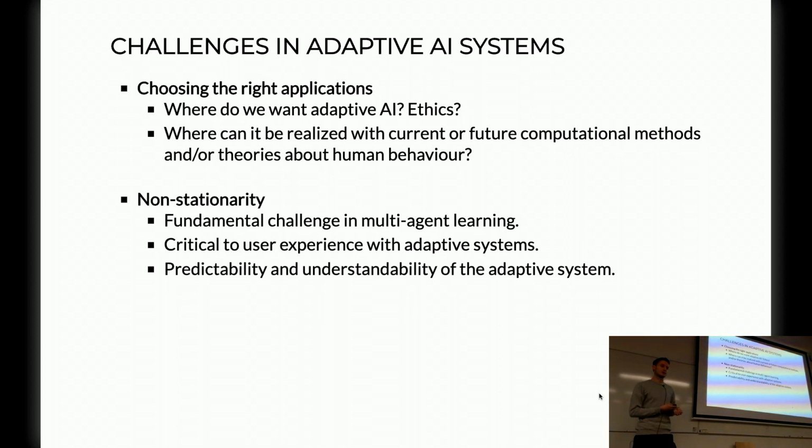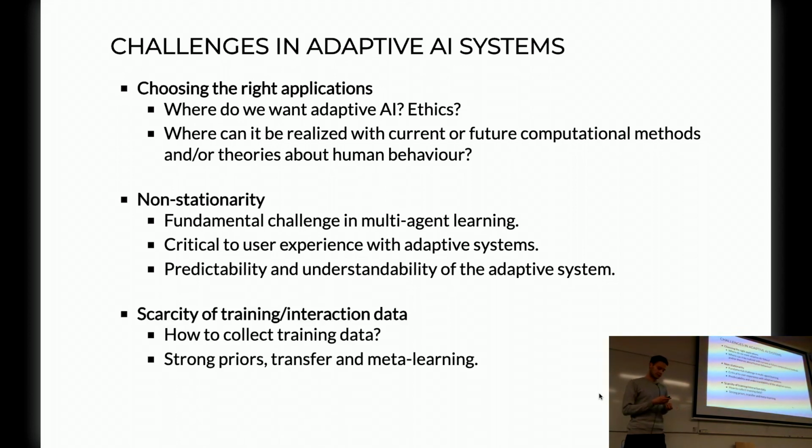If the system keeps changing too fast, for example, it will be really annoying to the user if you cannot keep up with it, or if it makes unpredictable changes. So this really highlights also the predictability of the systems, or even the statistical models that we are using, so that the user could form a useful mental model of the system. That's one assumption that we had in our modeling framework, for example.